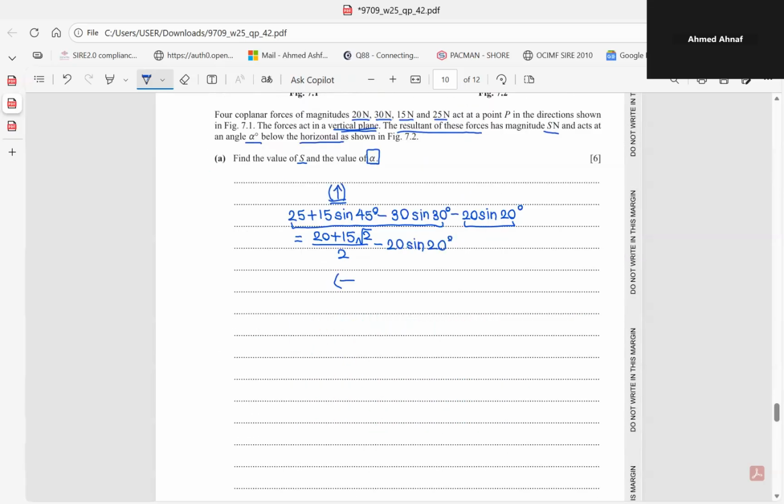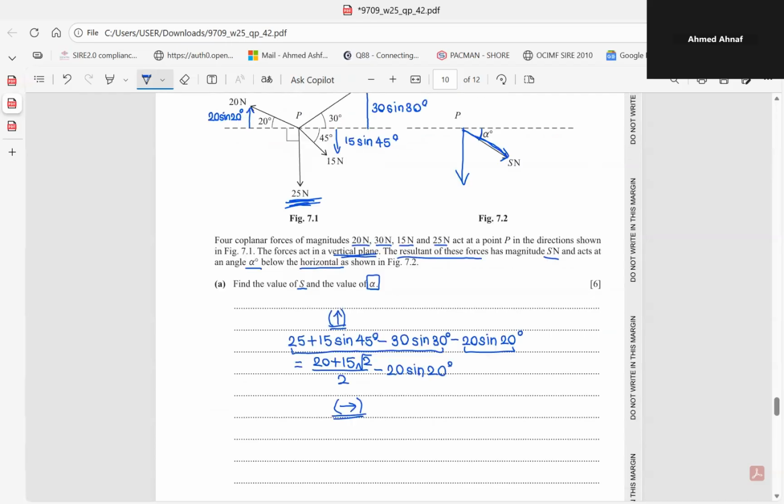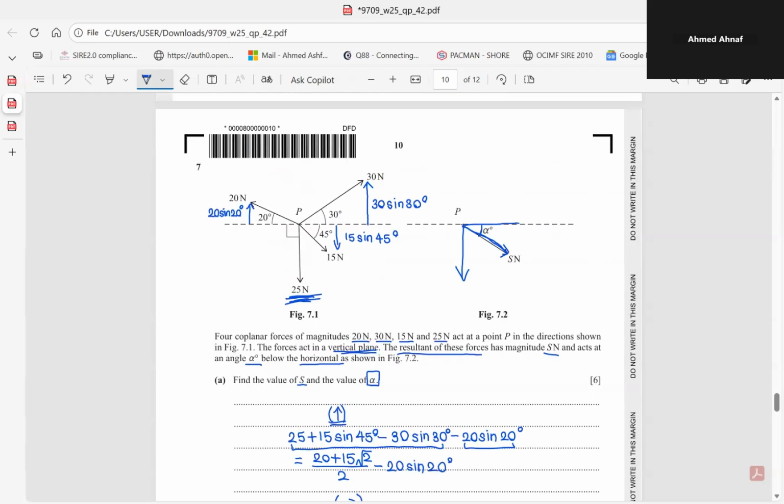Now we're going to do our horizontal resultant force. The horizontal resultant force acts towards the right. So let's take the horizontal forces to the right first. We have 30 cosine 30 degrees and 15 cosine 45 degrees. And for the one to the left, we only have 20 cosine 20 degrees.